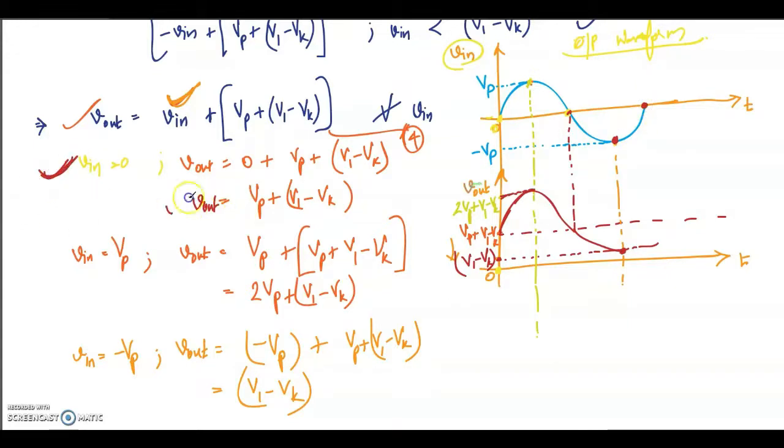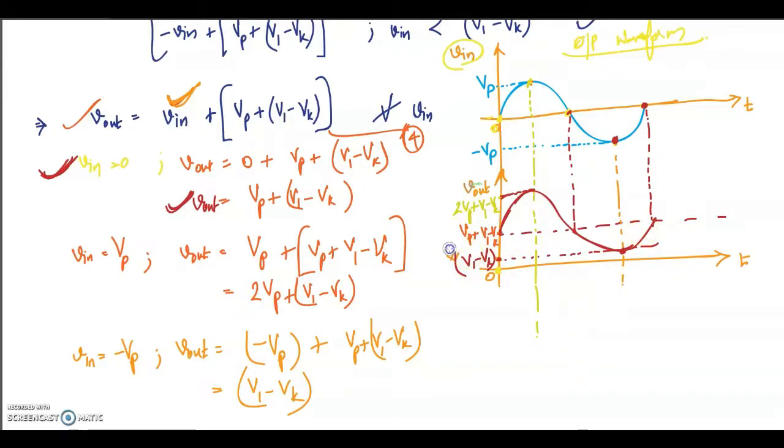Again Vin equal to 0. What is Vout? Vp plus V1 minus Vk. That is this line. Okay. So you have like this. Okay, the shape of my waveform is not really very nice. It doesn't look exactly like the input waveform, but it is supposed to. Yeah, more or less. This is how you get the output waveform.